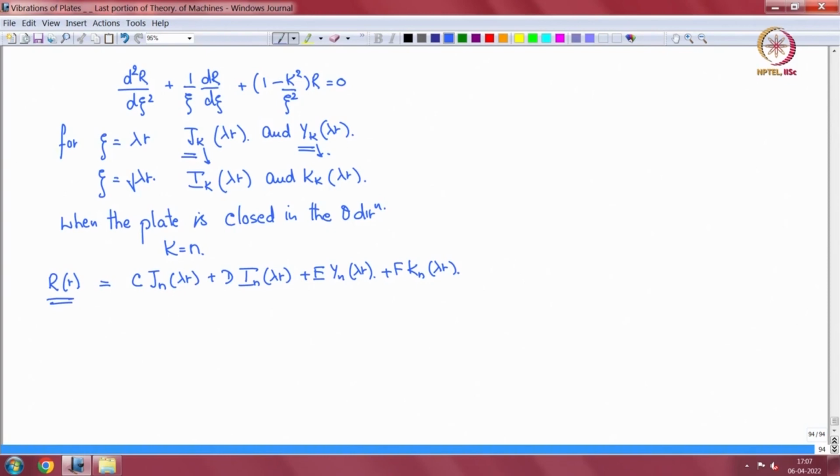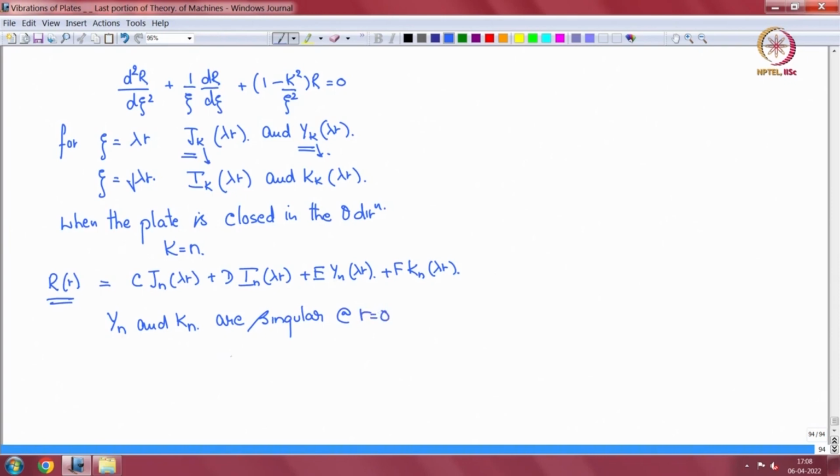Okay, so now what happens? The Y n and the K n are singular, that means they blow up. They go to infinity if r is equal to 0.